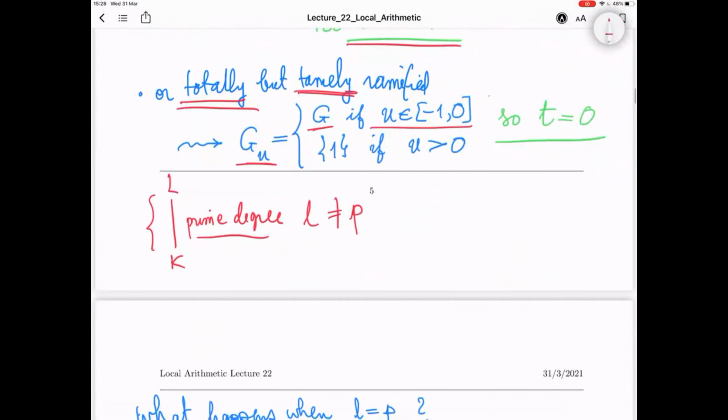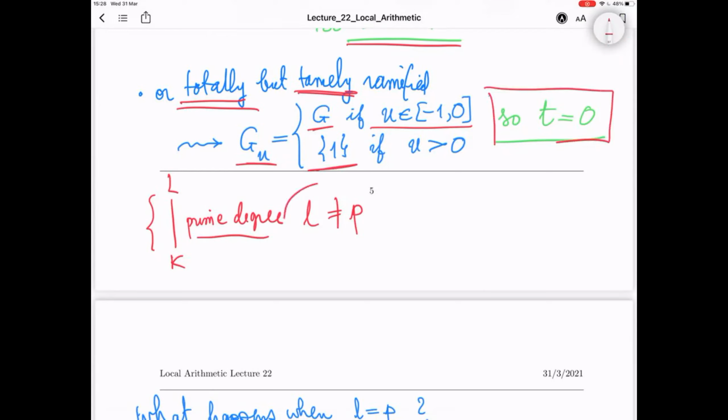But if U is ever so slightly bigger than 0, then G sub U is trivial. This means that the unique ramification break occurs at 0. T is equal to 0.